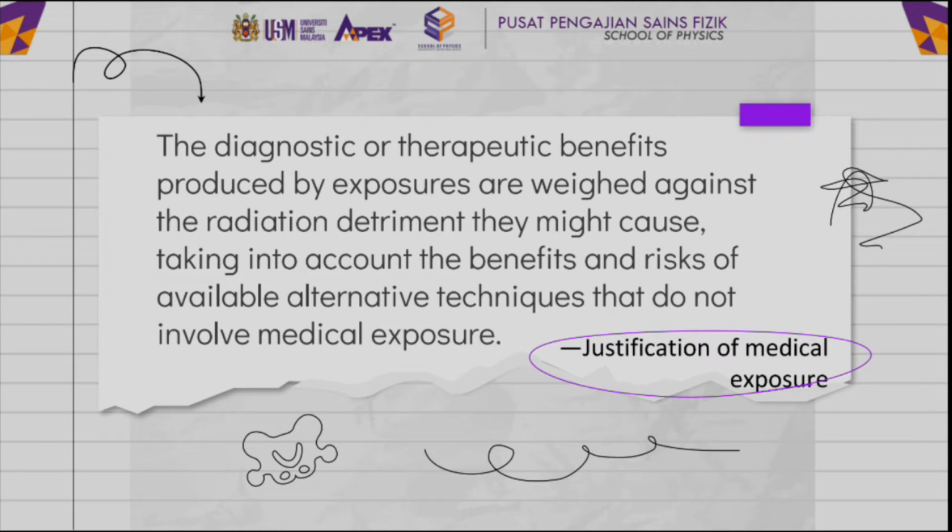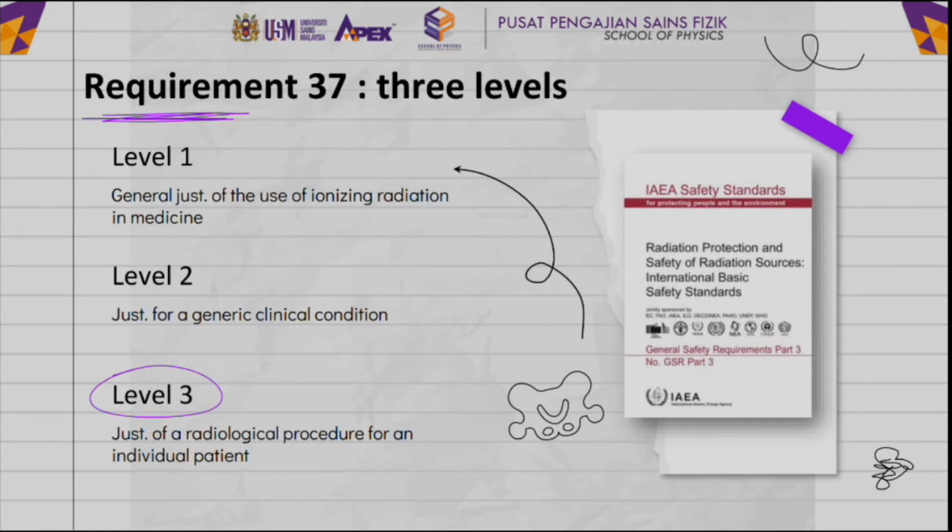The diagnostic or therapeutic benefits produced by exposures are weighed against the radiation detriment they might cause. If the risk is higher than the benefits, we might consider other available techniques that do not involve medical exposures. There are several requirements that have been highlighted by the IAEA safety standards in medical exposure.